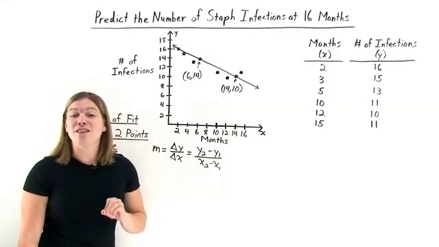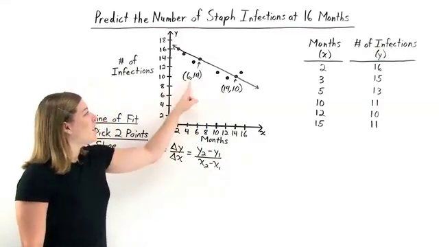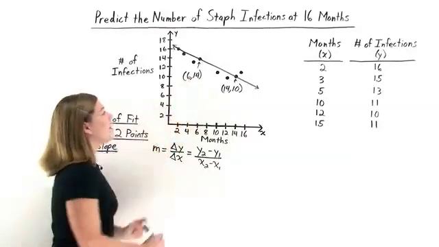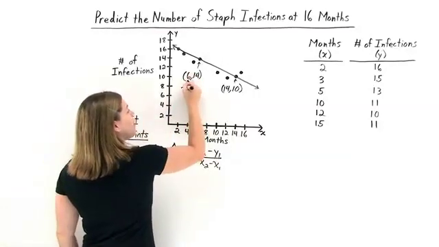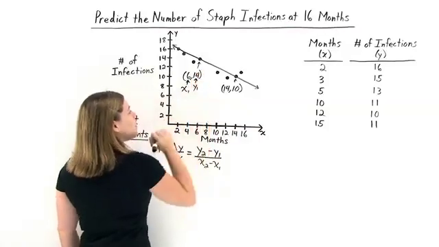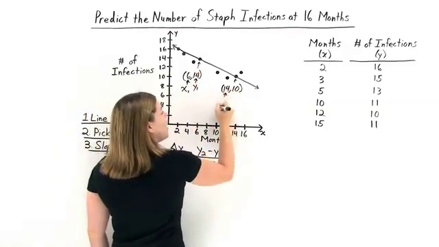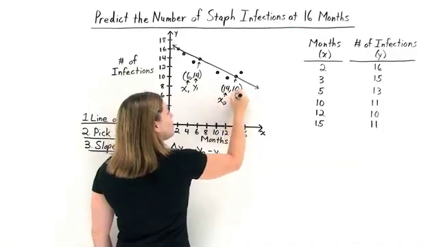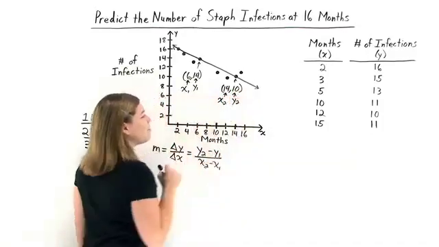So let's identify those x's and y's. Taking a look at this ordered pair, let's have the x coordinate be labeled x sub 1. That means that this y coordinate must be y sub 1. Then here in our other ordered pair, we will have x sub 2 and y sub 2.